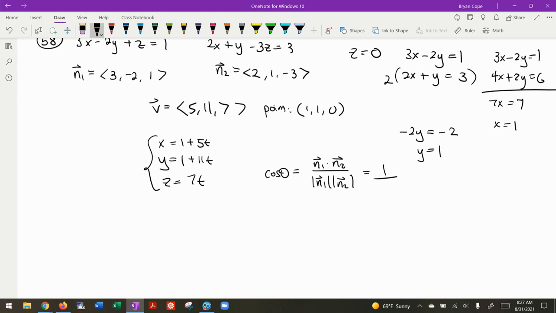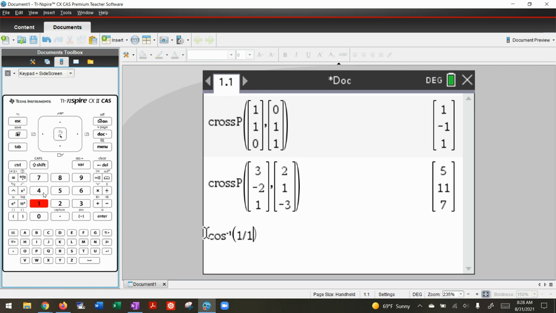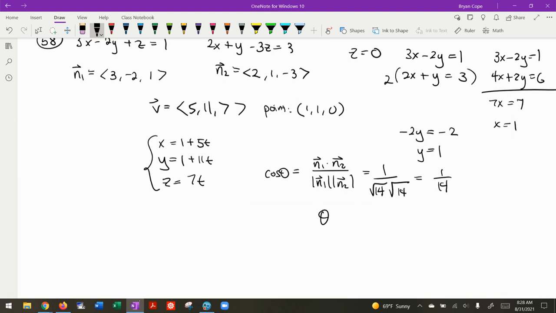Magnitude of n1 is root 9 plus 4 plus 1, so root 14. And magnitude of n2 is same deal, root 14. So we've got inverse cosine of 1 over 14, which is 85.9 degrees.